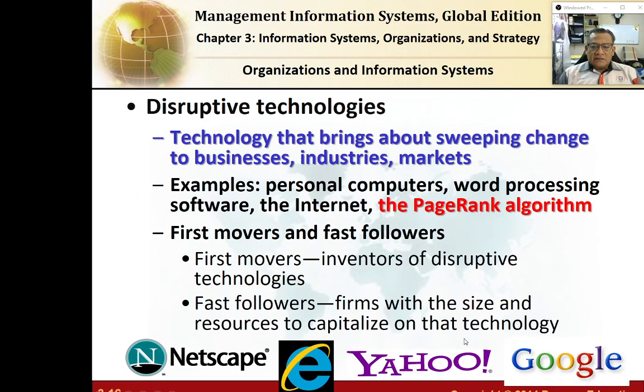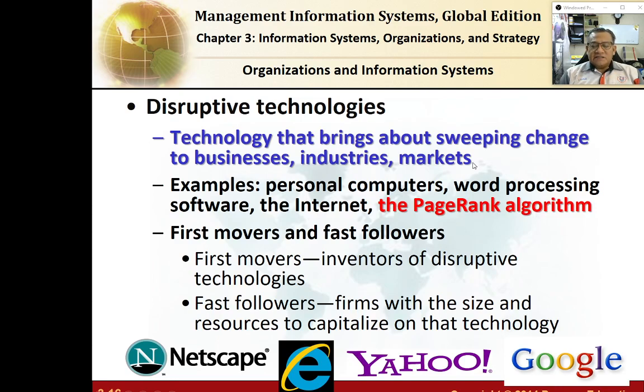But 10 or 15 years ago, when Google was not yet serving the market, there were other search engines like Yahoo or Explorer. But believe it or not, the first search engine in the internet era was basically Netscape. Perhaps most of you never used this Netscape search engine in the 1990s.